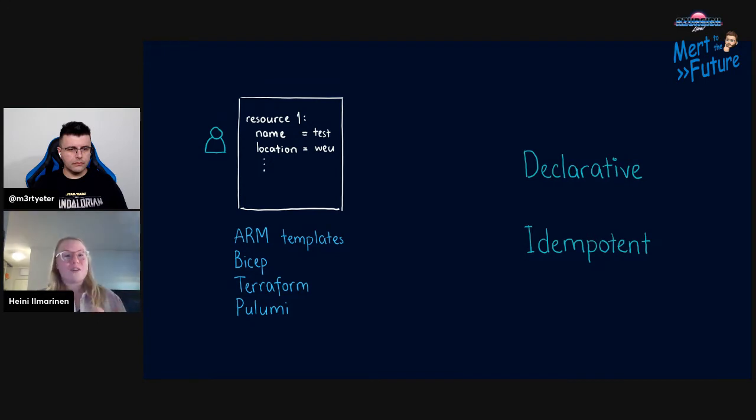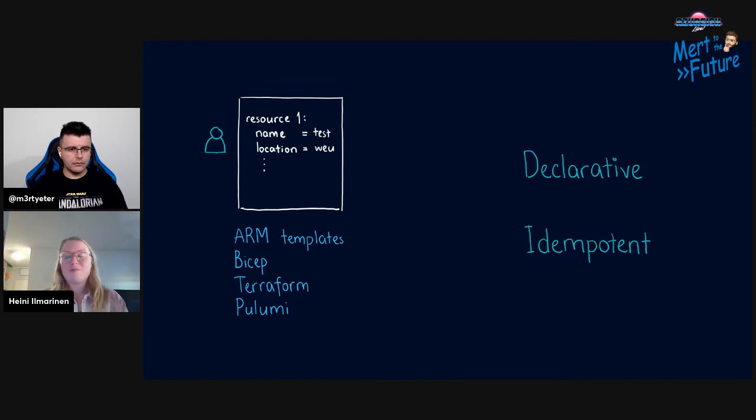So with these qualities of infrastructure as code, we notice that it is not quite the same as scripting, for example doing PowerShell or Azure CLI and creating your resources through that. Because with those tools, you need to make sure how you handle, for example, the situations where the resources already exist. So you need to handle certain situations a little differently.